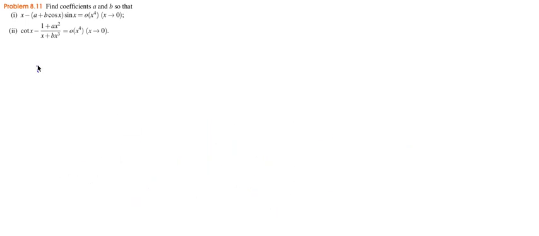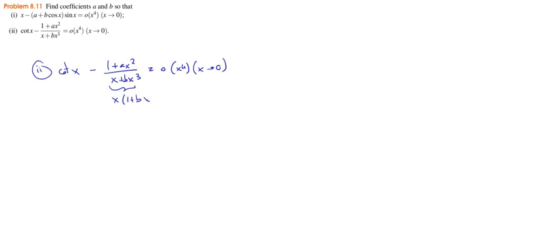Now here we have the cotangent of x minus (1 plus a x squared) divided by (x plus b x cubed) is small o of x to the fourth when x goes to 0. As you can see, there's a common factor in the denominator: this is x times (1 plus b x squared).